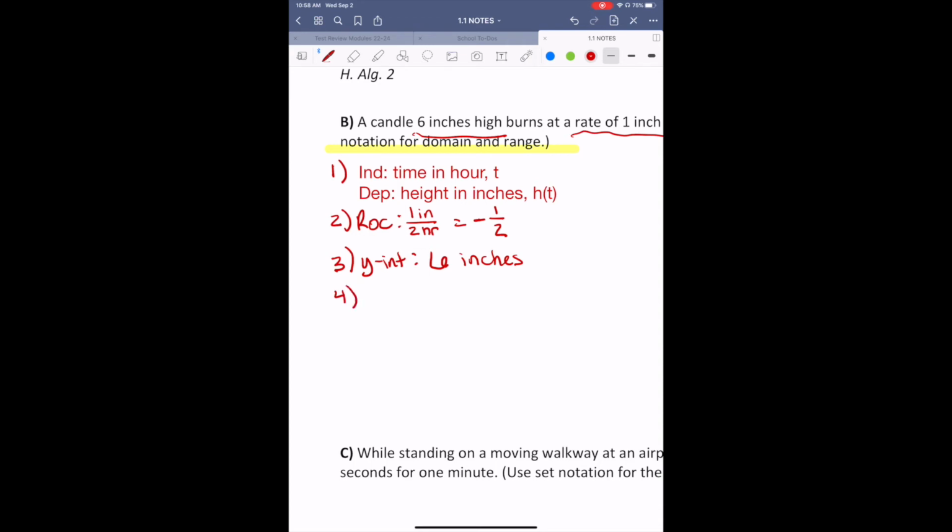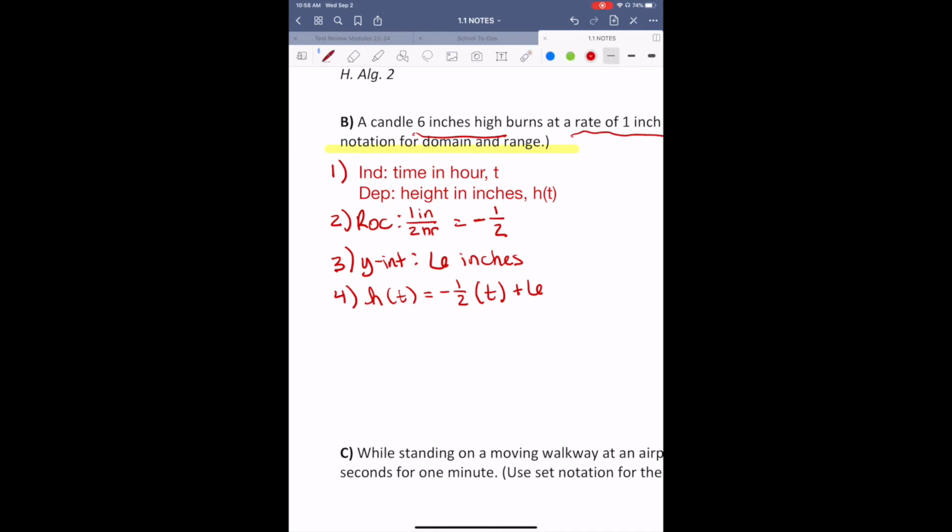Step 4, write your function and identify the domain. So height, h of t, is equal to the slope according to the time it burns plus 6. Okay, our y-intercept is positive, plus 6, we are starting at 6.